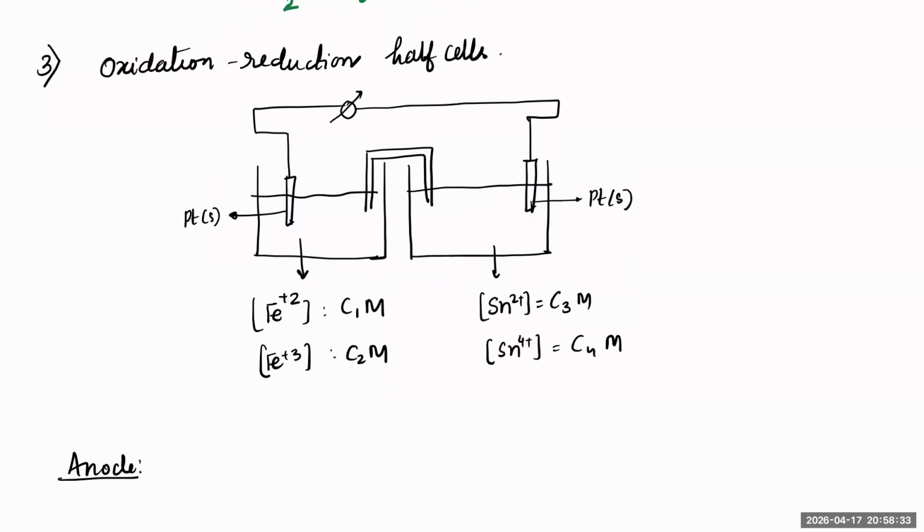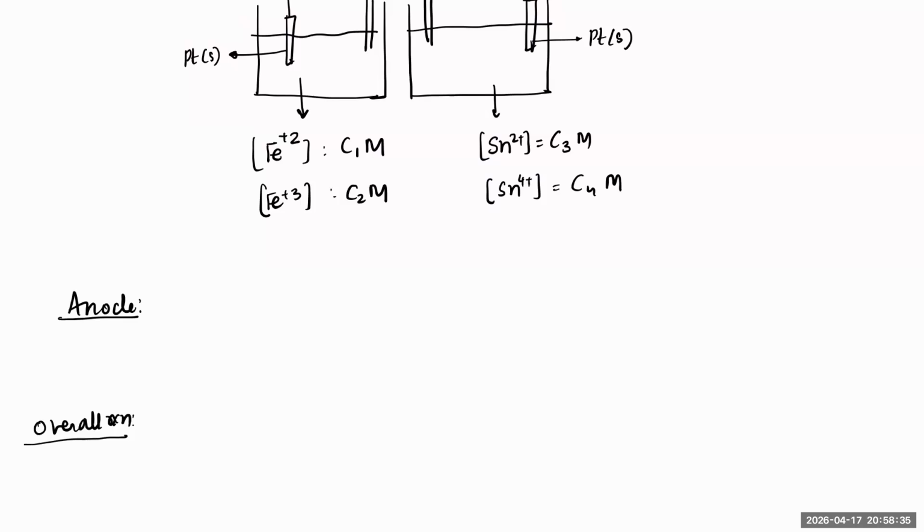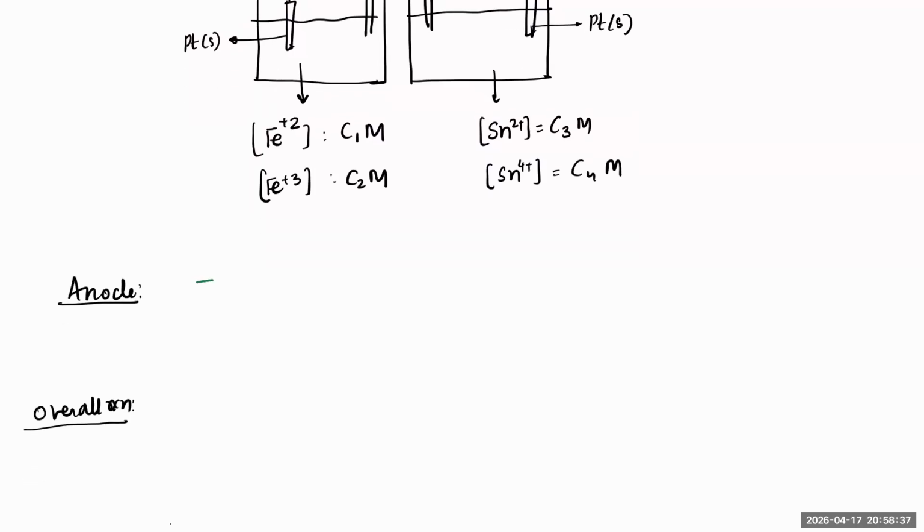This is the oxidation reduction half cell. What is the anode reaction here? Here we have Fe plus 2 aqueous converting into Fe plus 3 aqueous plus 1 electron, while reduction is Sn4 plus plus 2 electrons converting into Sn2 plus aqueous.